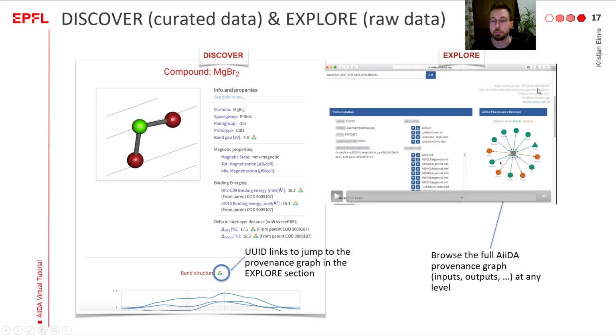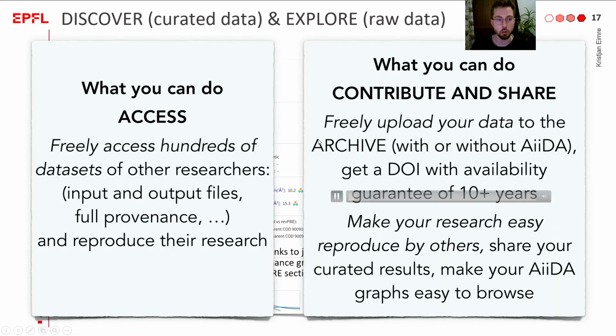So this is the explore section. The explore section is to explore the raw data and how the data was obtained, and discover is to visualize the data in a curated way. So what you can do, you can access hundreds of different datasets in the archive section and reproduce their research.